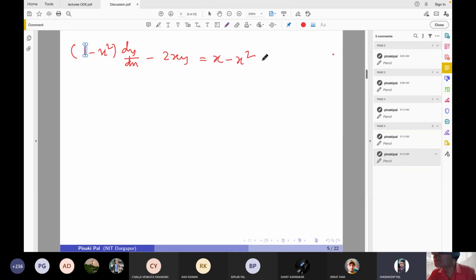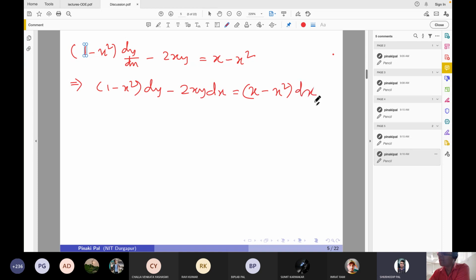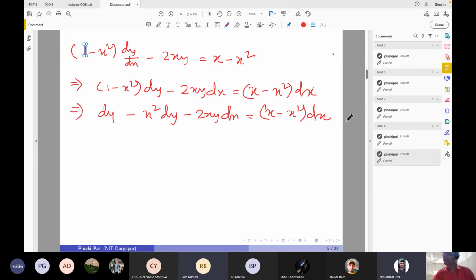So this is the differential equation. Let us write it in the form (1 minus x square) dy minus 2xy dx equal to (x minus x square) dx. Look at the right hand side, this is integrable. Only x is involved, polynomials of x. And also we can write dy minus x square dy minus 2xy dx equal to (x minus x square) dx.